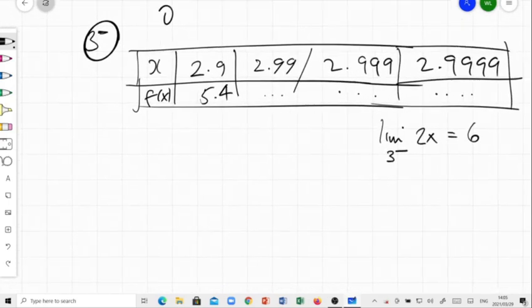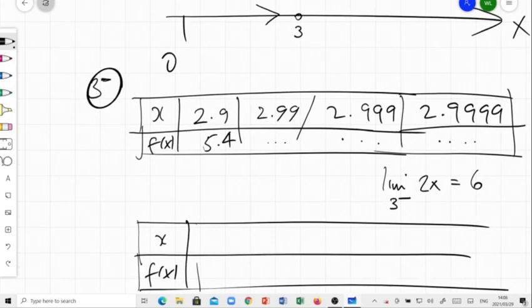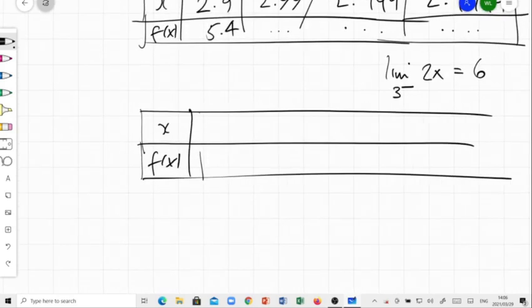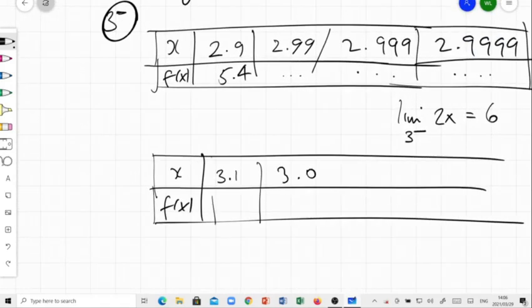You then approached it also from the other side. Remember that in a straight line, there's only two ways to approach 3. You approach 3 from the right, so you took values 3.1, then 3.01, then 3.001, then 3.00001.